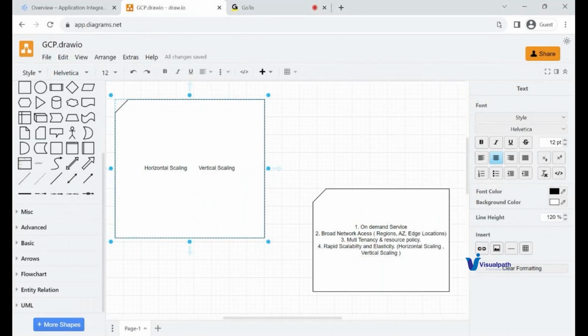So there can be two ways. One, we can increase the system configuration that we are using, or add systems of the same configuration, right? If this example is a bit harder for you, I can break it down into another simple example. Let's say we all use pen drives, right?